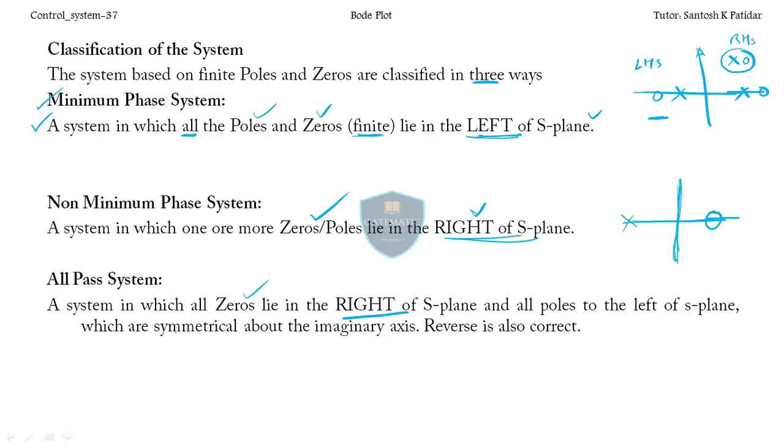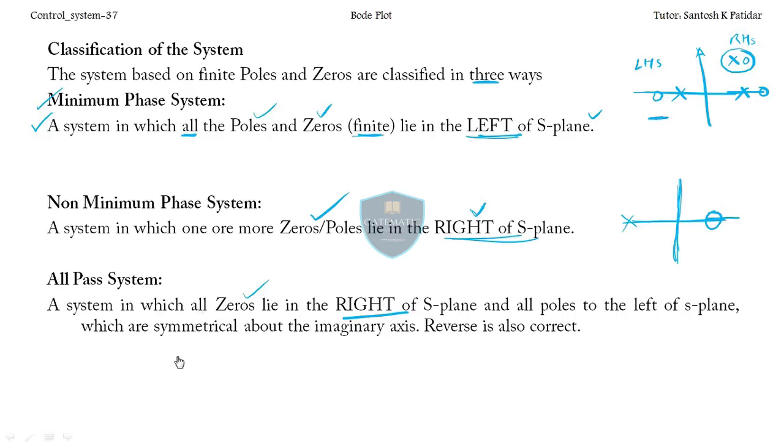It means a system in which zeros lie in the right of the S-plane and all poles lie to the left, symmetrical about the imaginary axis. You can also change the positions of these two. So this is the all pass system.